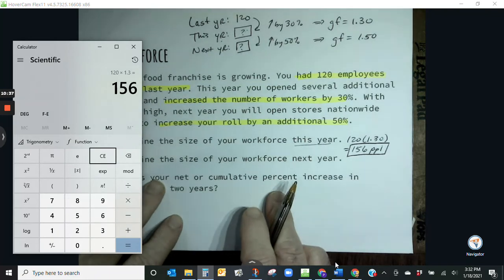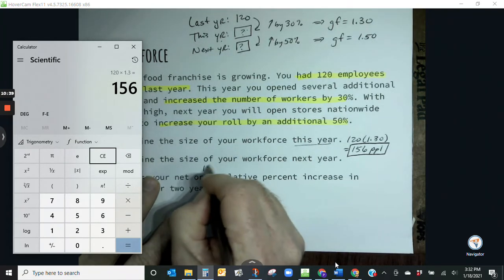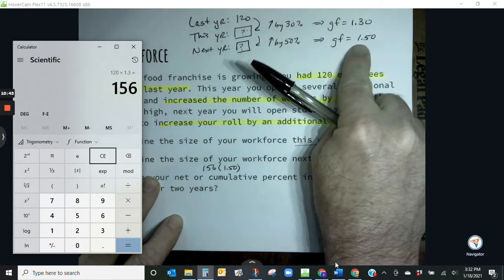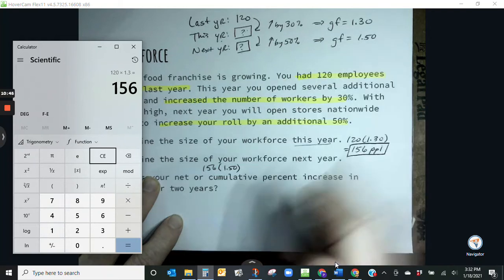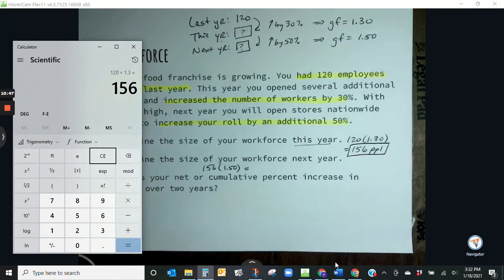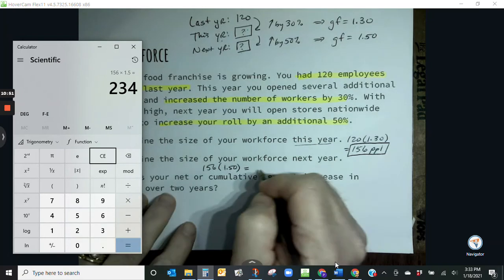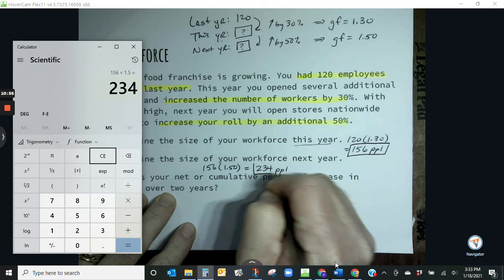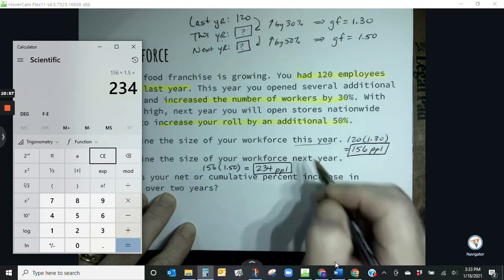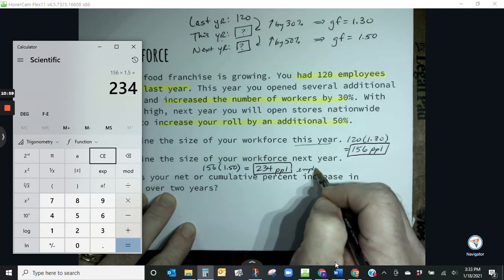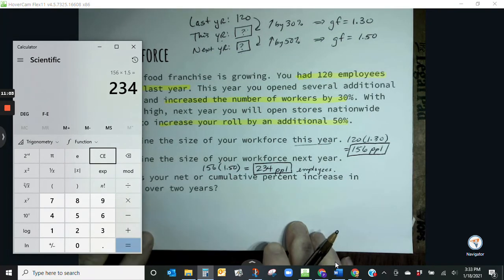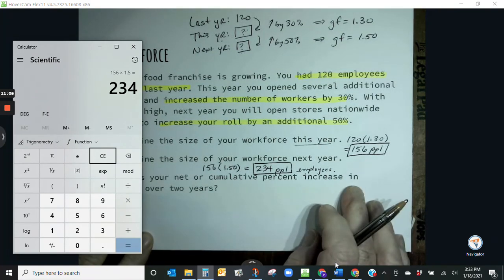Next year, I will have 156 times a 1.50 growth factor. I'm going to multiply it by 1.50, and now I'm going to have 234 employees. Now, what is your net or cumulative percent increase in the workforce over 2 years?